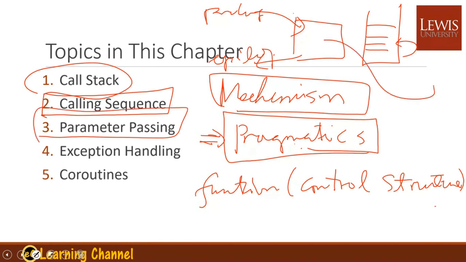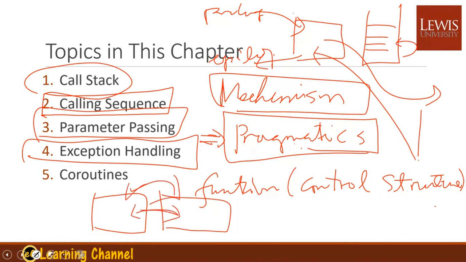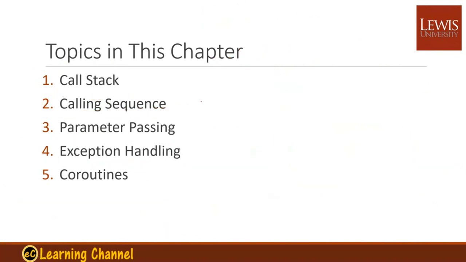If something goes wrong, we break out to an exception handling routine and come back. That's the exception. And a coroutine is when you have two function calls, you can switch context between them, or they can be in different threads and talk to each other. That's some of the features we have for functions.